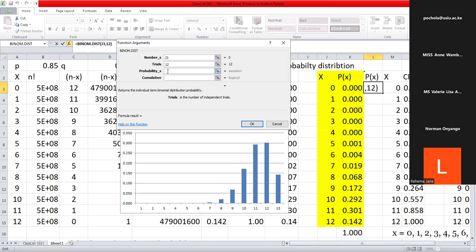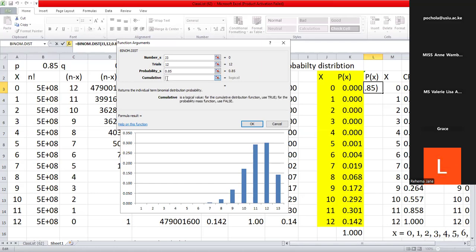Then I come here. Probability of success P. What is the probability of success here? 0.85. Of course, Excel will calculate Q automatically because P plus Q is equal to 1, so you don't need it here. Then I go to the last one, cumulative.